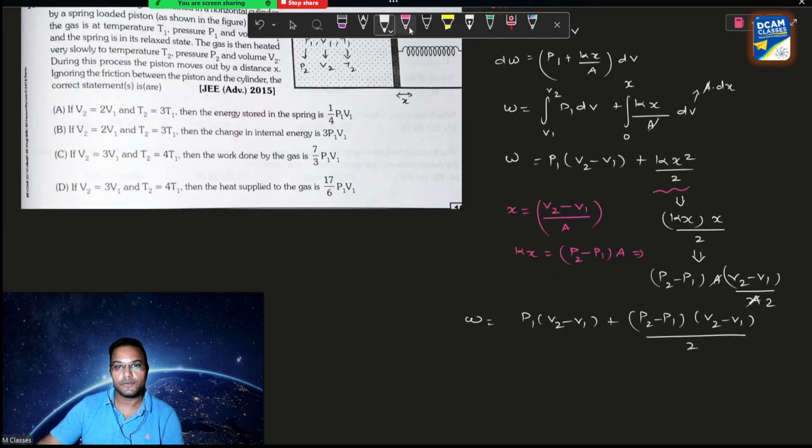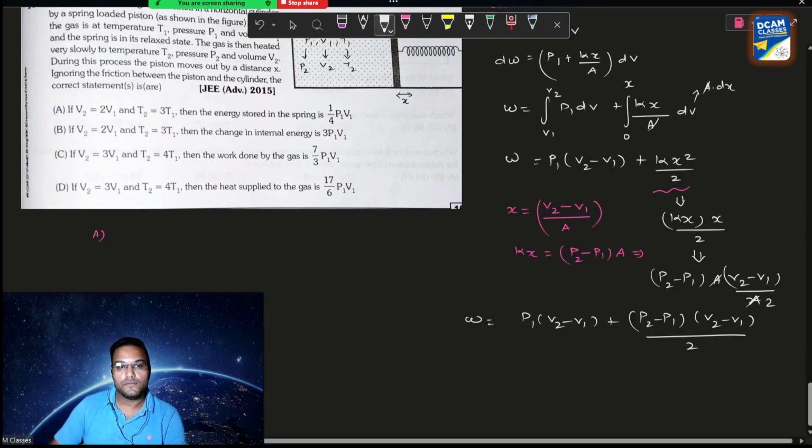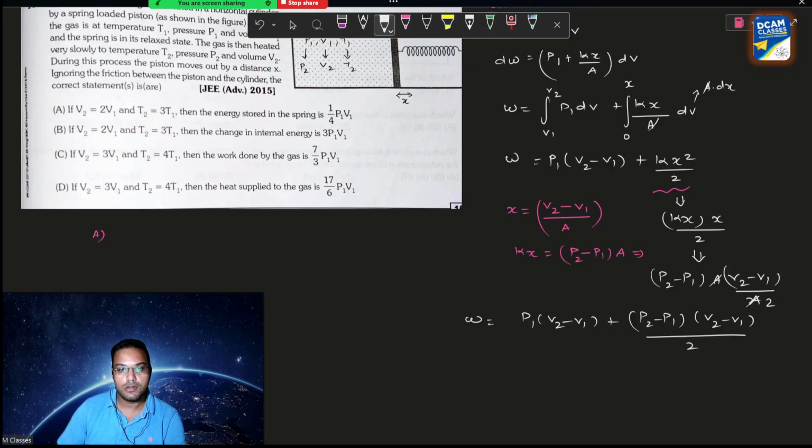Now let's find out the results. This is the energy stored in the spring. For the pressure we have to find, P1 V1 by T1 is equal to P2 V2 by T2. V2 is 2V1, T2 is 3T1. This will cancel, so P2 will be equal to 3P1 by 2.